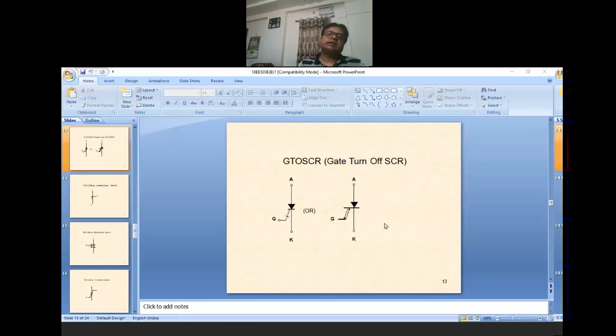Whereas in the conventional basic type of SCR, it can only be turned on by the gate, but it cannot be turned off by the gate once it enters into the conduction mode. So that is why here the symbol is shown with a cross line on the gate terminal or double-sided arrows in the gate terminal. All other features remain the same.